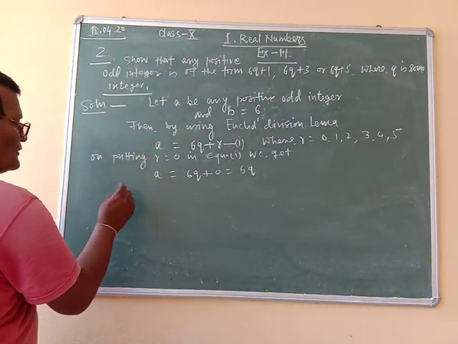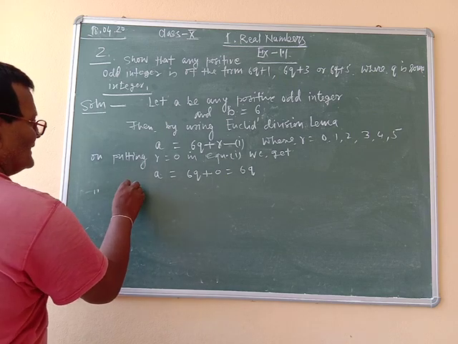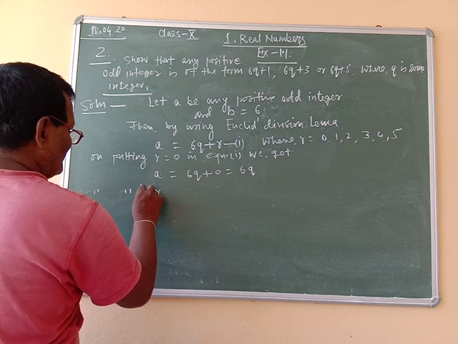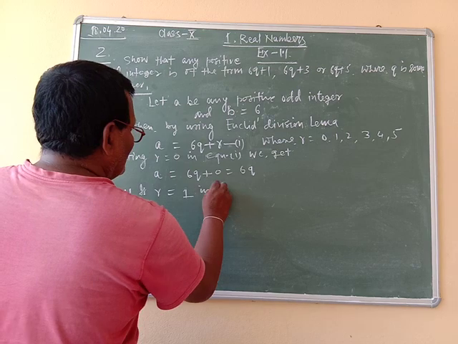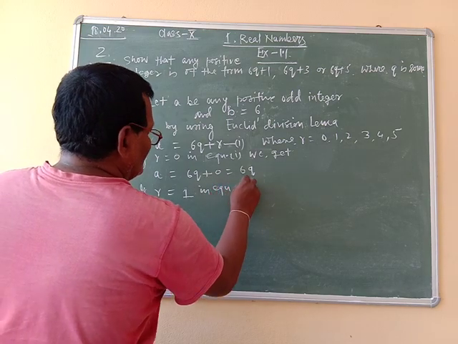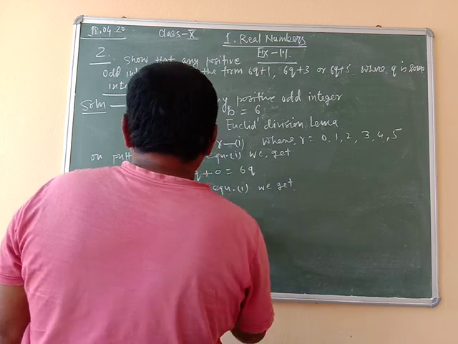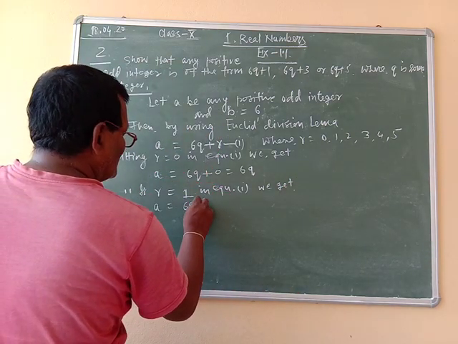Again, on putting r equal to 1 in equation 1, we get a equals 6q plus 1.